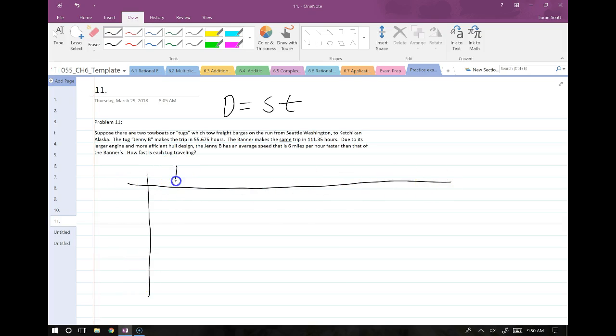Across the top of that table, I write D, S, and T. And on the side of that table, I write the difference in legs or the difference in people. In this case, it's the difference in the 2 tugboats. So Jenny B and Banner.